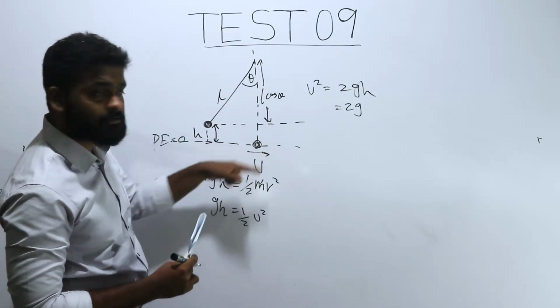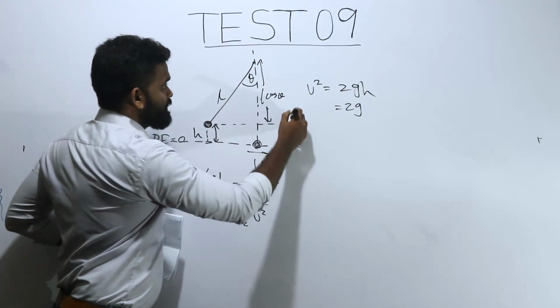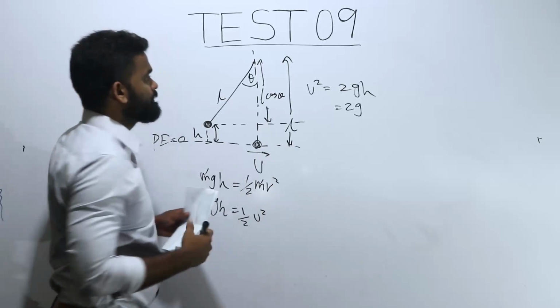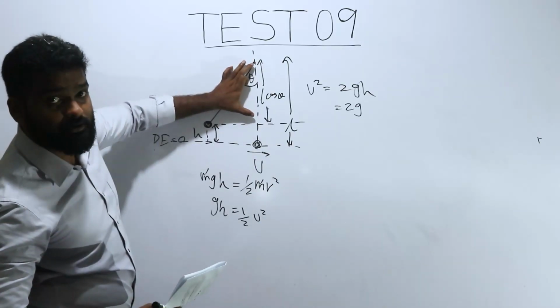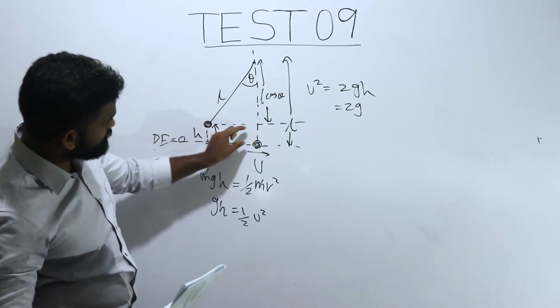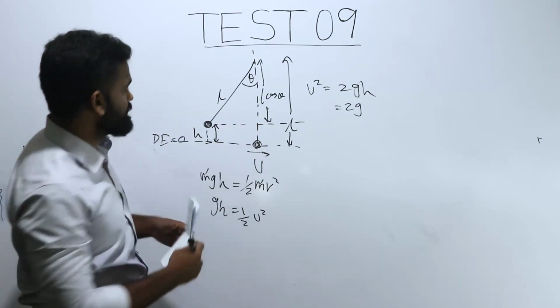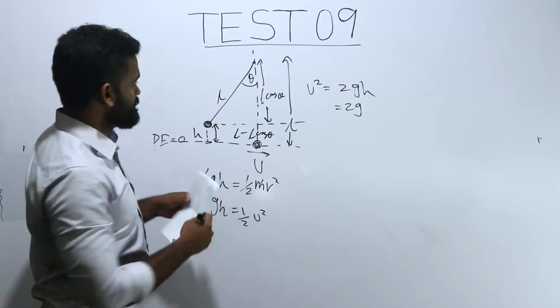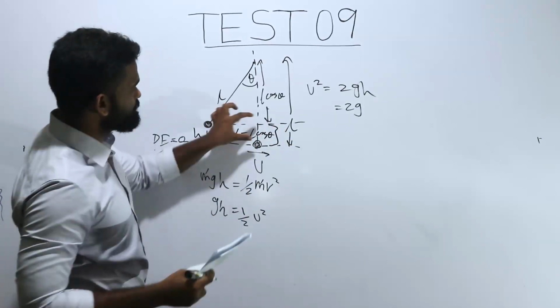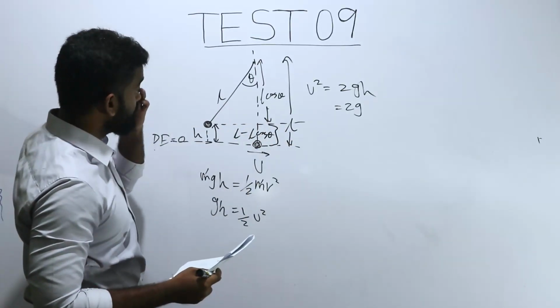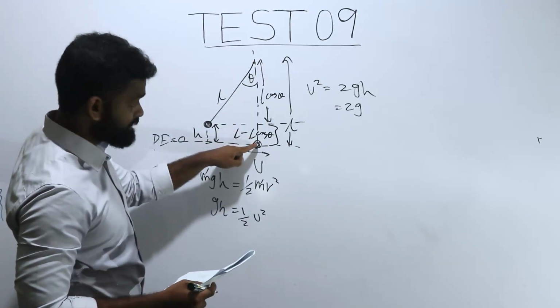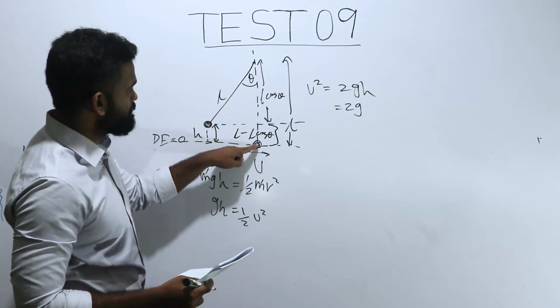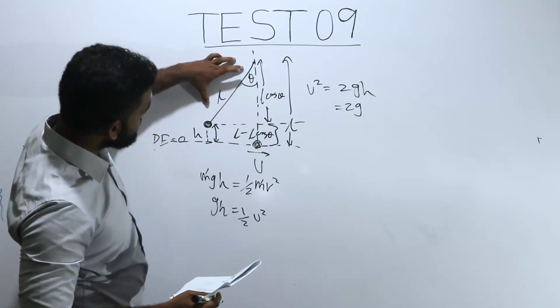Length is L. This total length is L. This length is L cos theta. Then this h should be L minus L cos theta. The length of this part should be L minus L cos theta.